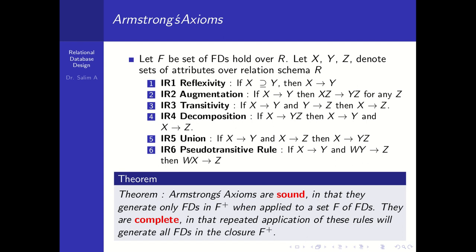They are complete in that repeated application of these rules will generate all FDs in F closure. Therefore, Armstrong axioms, when repeatedly applied, can generate the closure. Therefore, sound and complete are two words. One is they will generate only FDs in F closure. Complete means by repeated application you can generate all the FDs in the closure set.